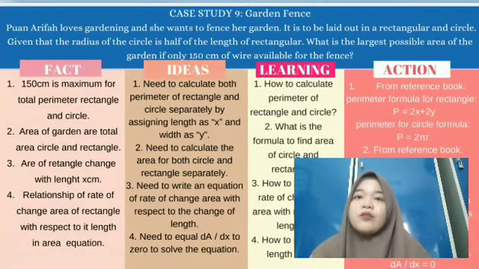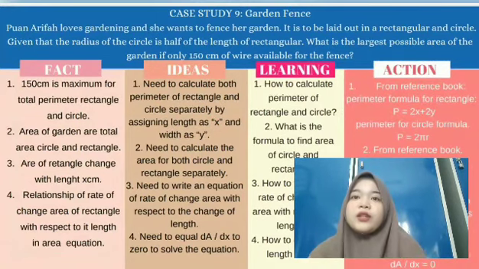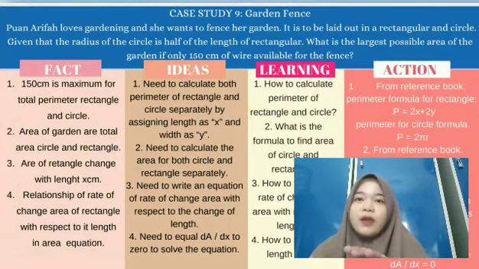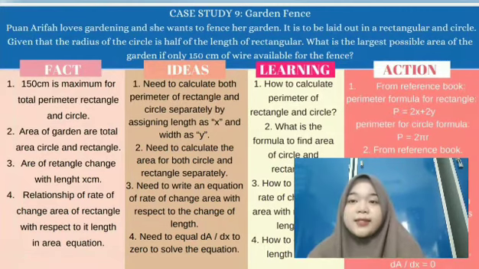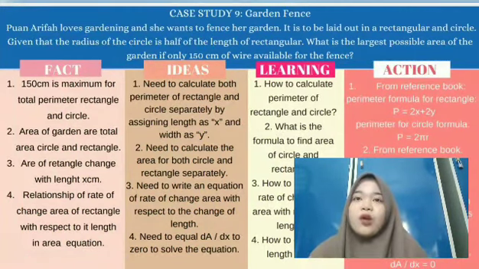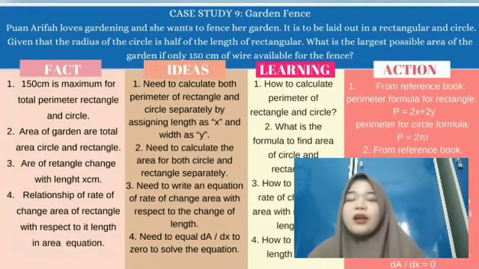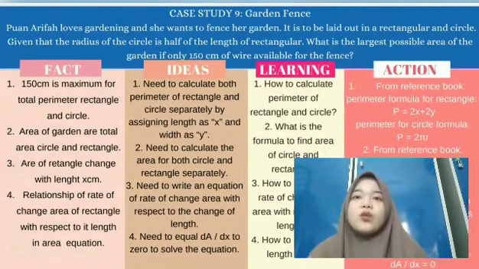Second, the area of the garden is determined by the total area of both circle and rectangle. Third, the area of rectangle changes with respect to length of x centimeter. And the last one is the relationship of the rate of change of area of rectangle with respect to its length in the area equation.